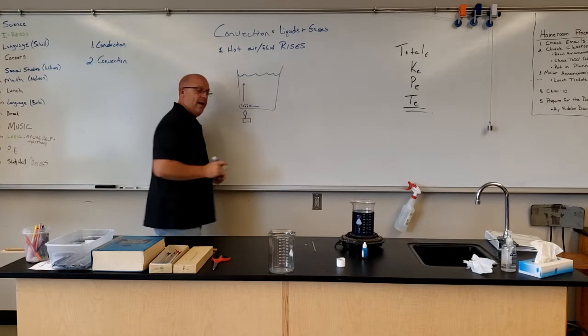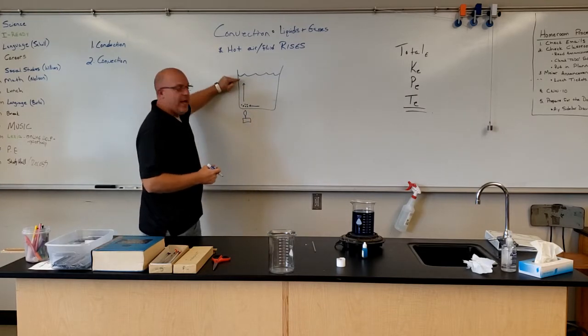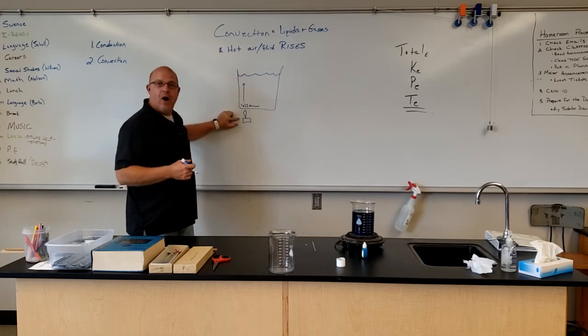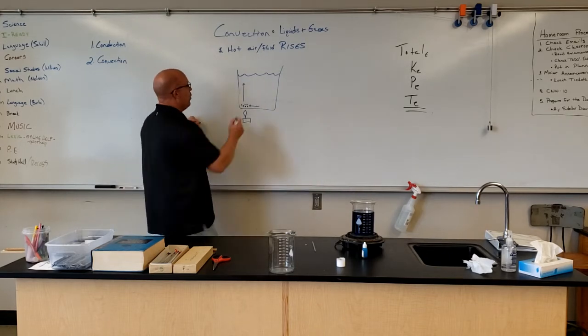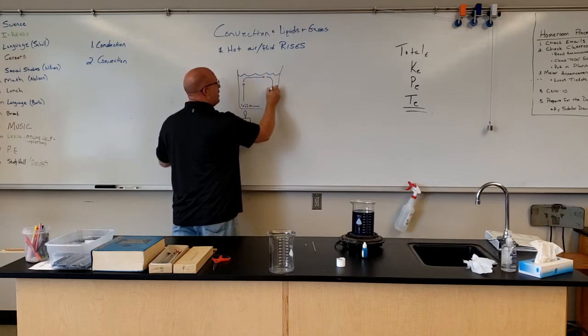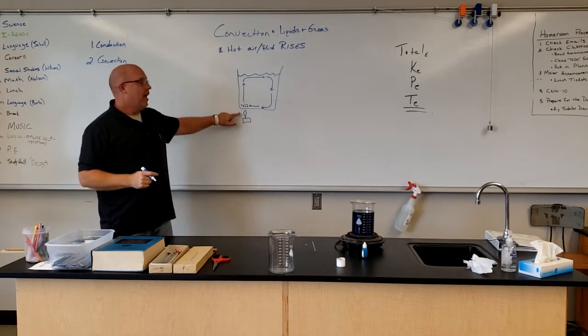So they start moving up out of the way, which means if these particles leave this area, these particles have to go in and replace that area. And then they get warm and they go up. Now, as things go away from the candle, are they still going to be as hot? The answer is no. So they go up, and when they get to the top, they start to cool. And then they come back down and get heat again, and then go back up.